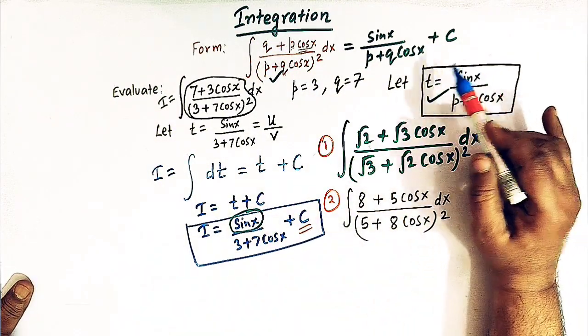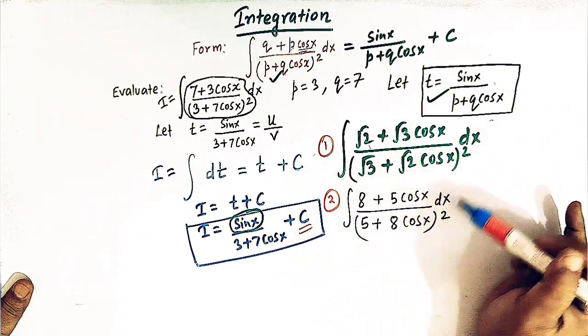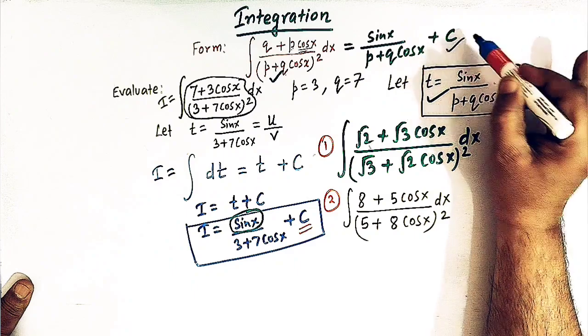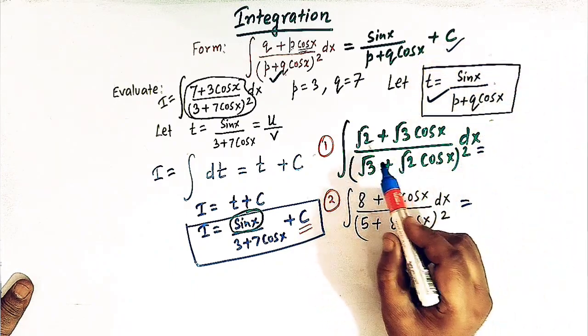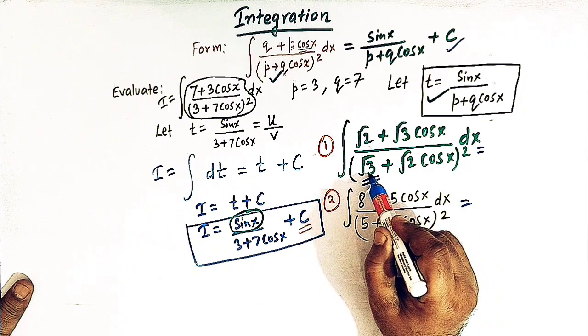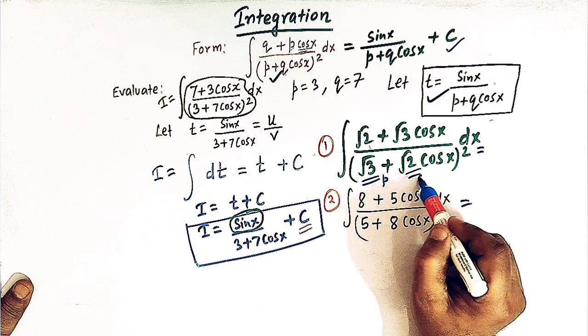So from this discussion, we can now easily write down the values of these two integrals directly with the help of this result. In the first case, the value of p is square root of 3, and the value of q is square root of 2.